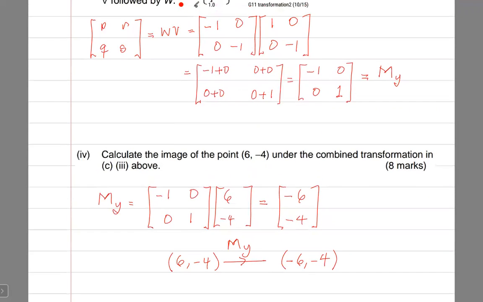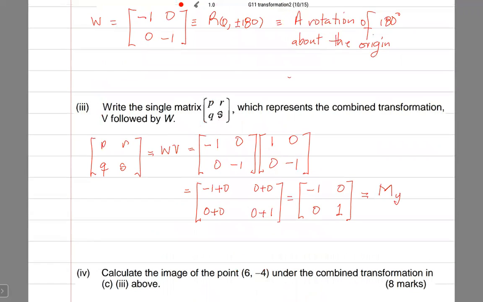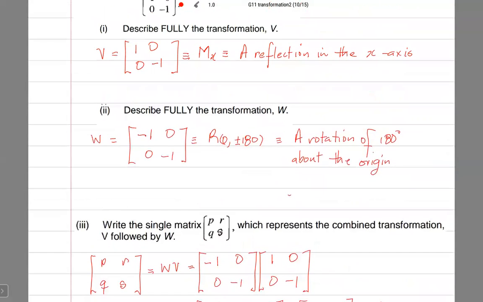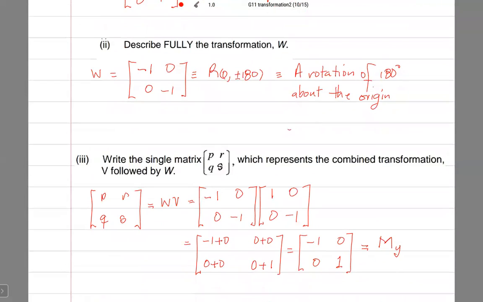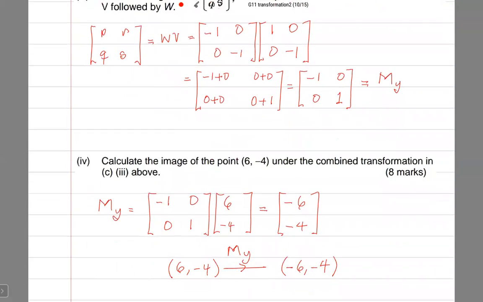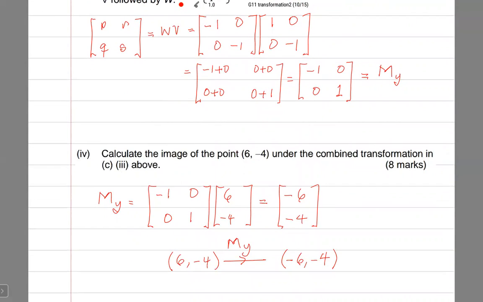So the combined transformation of V followed by W, and that is V first, a reflection in the x-axis, followed by a 180-degree rotation, the result of the combined transformation is simply a sign change of the x coordinate of the point.